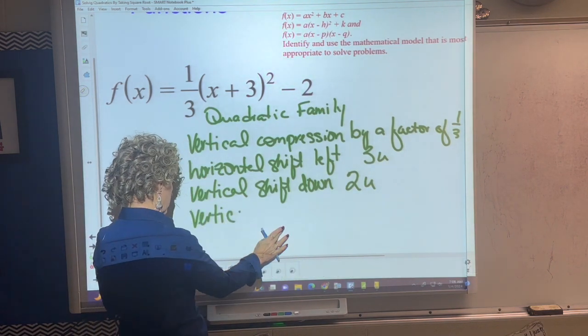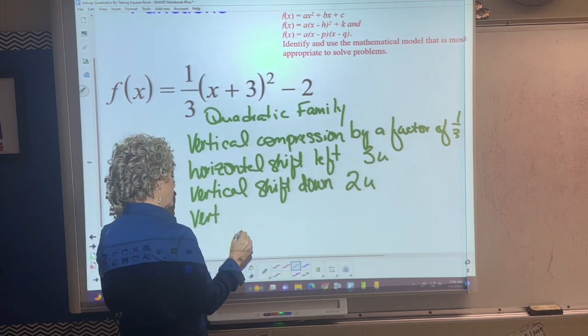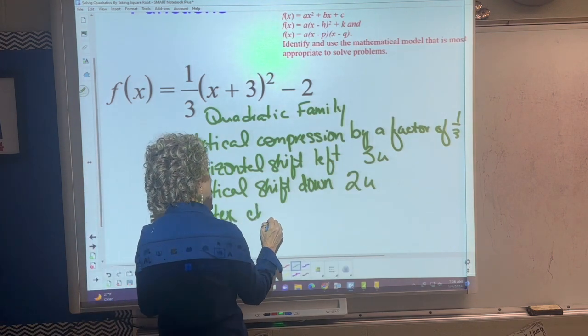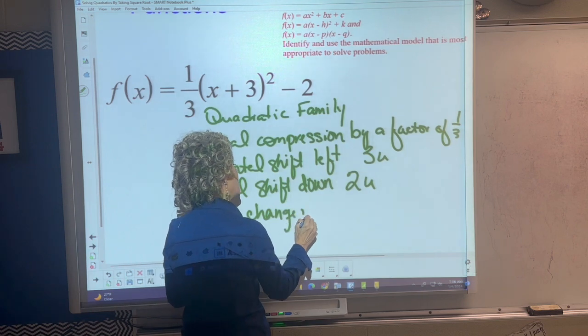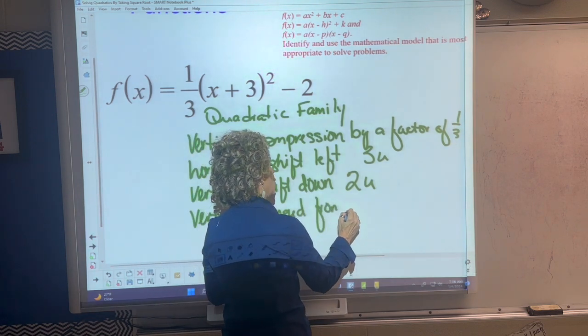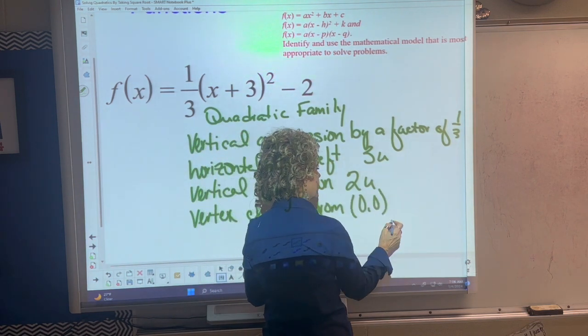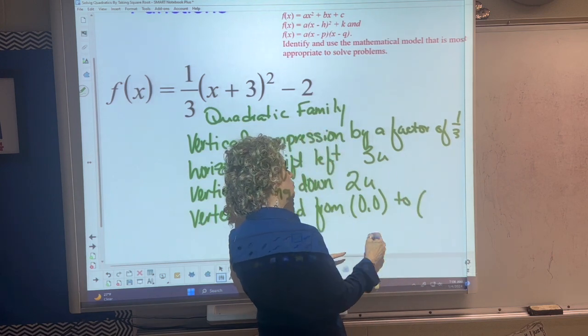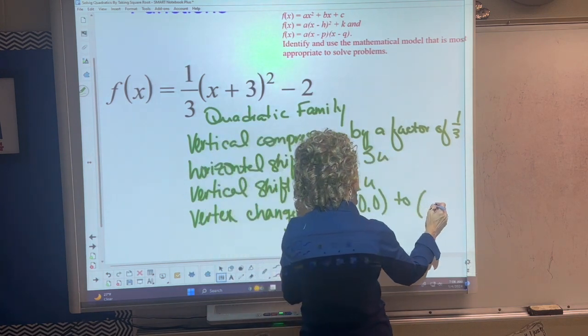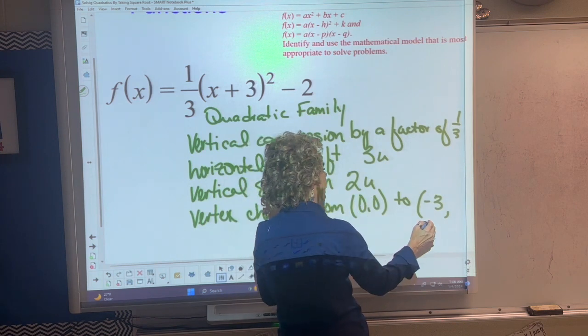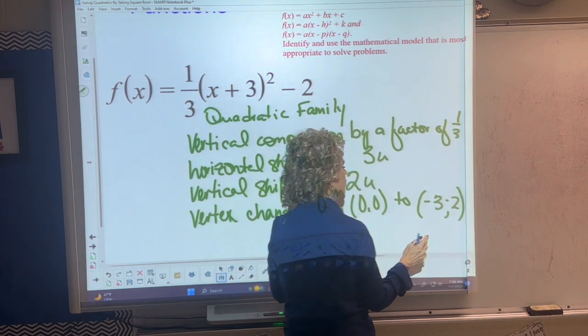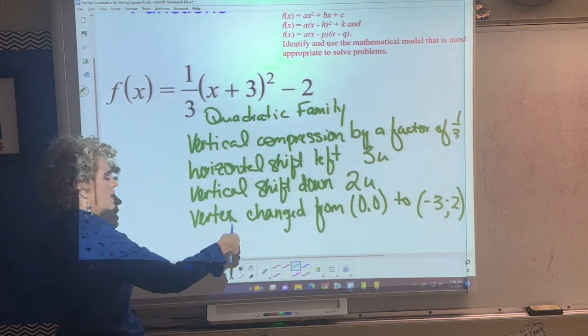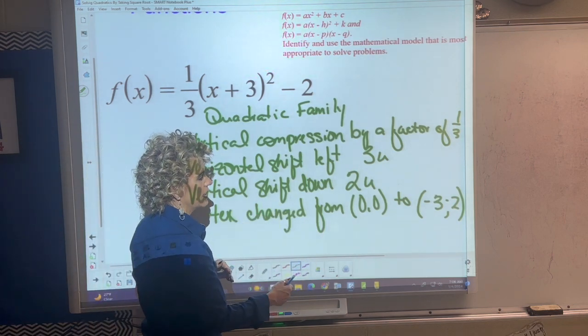The vertex changed from our parent function, which was at (0, 0), to our new vertex, which is our h value, -3, and k value, -2. So my vertex did change from (0, 0) to (-3, -2).